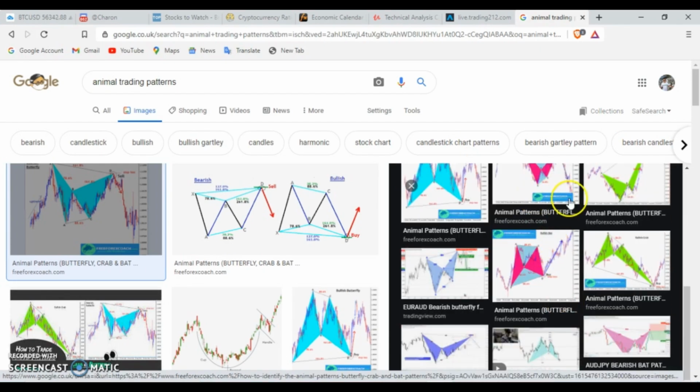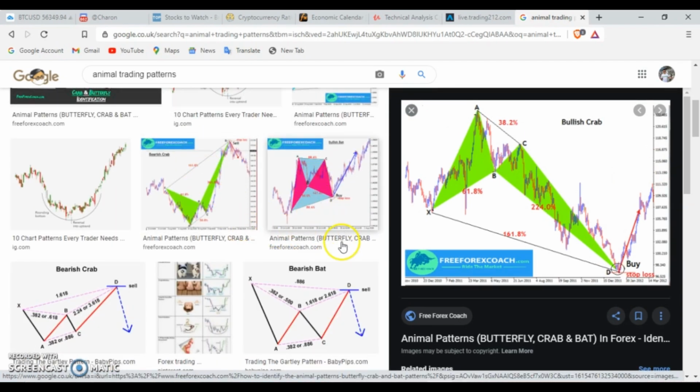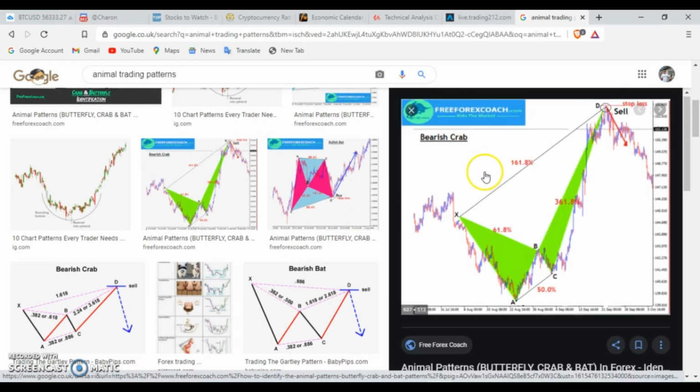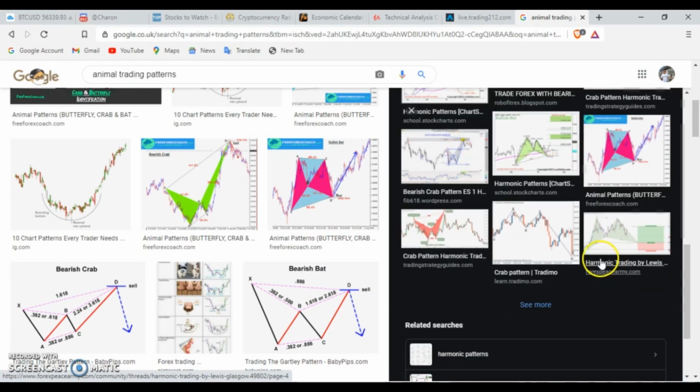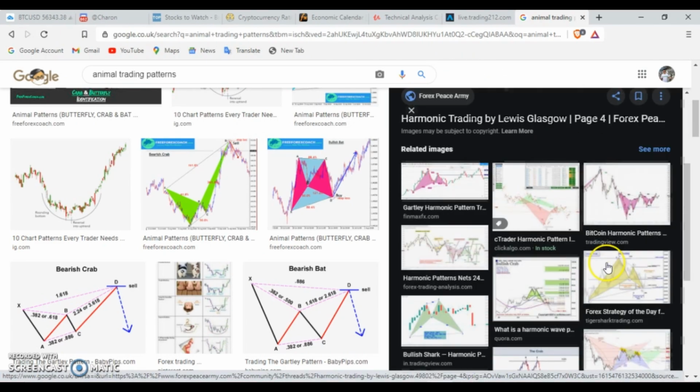And then you've got bullish bat, you've got bullish crab. So this is a bullish crab, it goes here, you buy here, it should go up. Again, these are sort of psychological patterns that traders trade with sometimes. And then you've got this, which is a bearish crab, and you've also got sharks as well. So just take a look at them yourself and see.